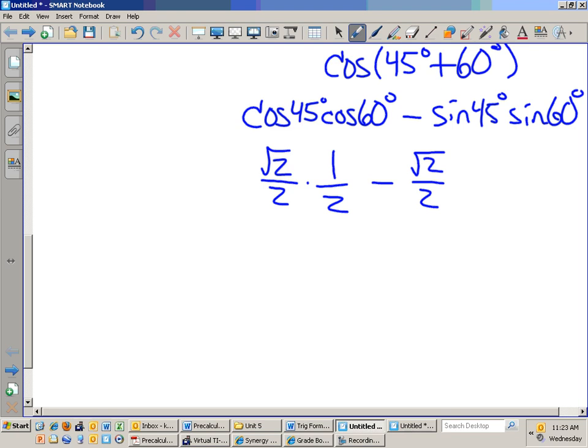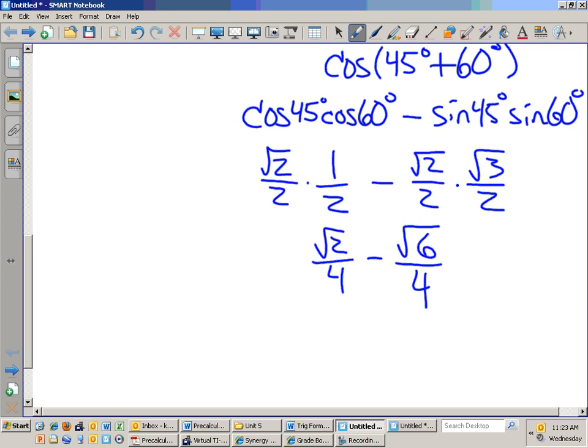And sine of 60. So we get the square root of 2 over 4 minus the square root of 6 over 4.